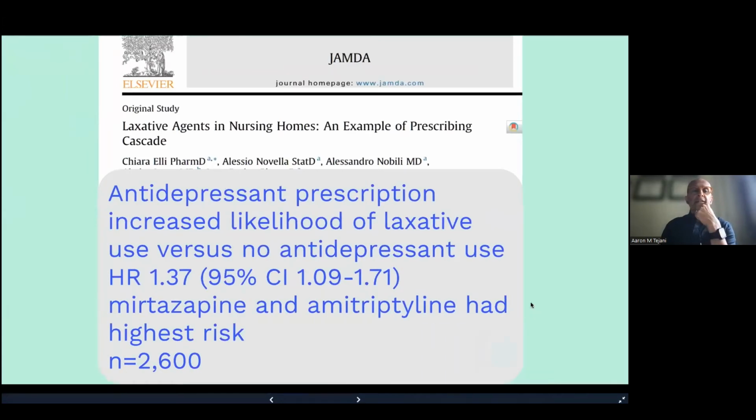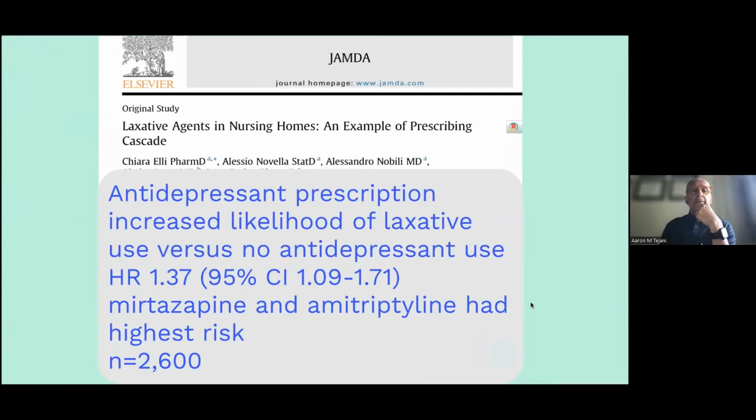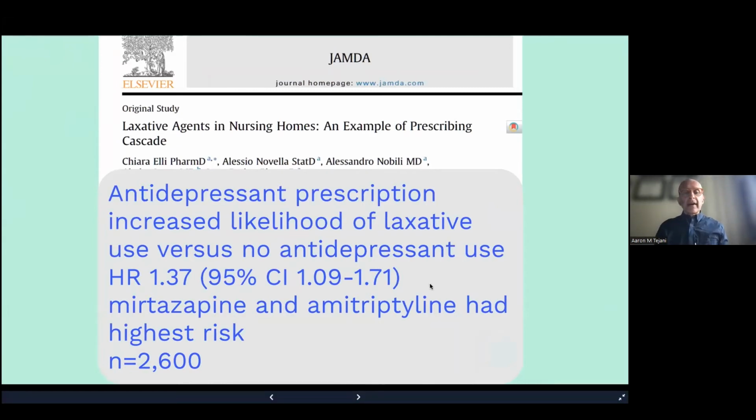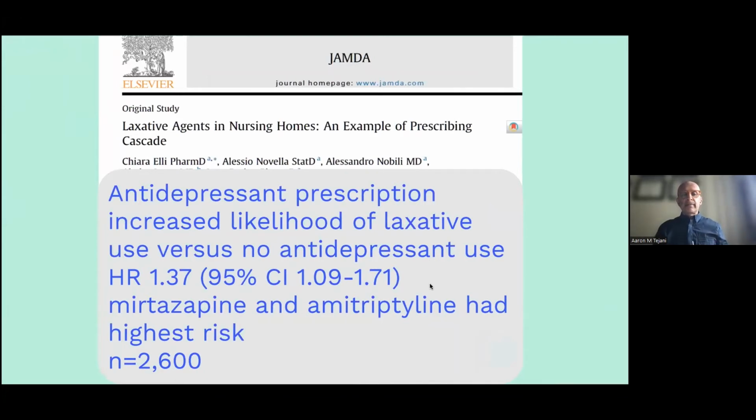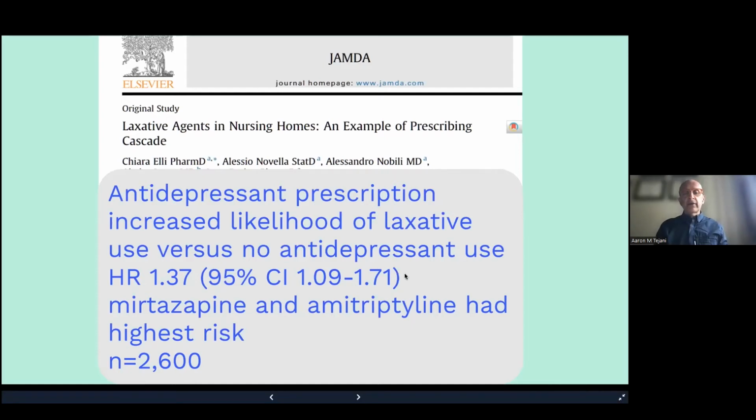This evaluation looked at laxative agents in nursing homes, an example of a prescribing cascade, and it found that antidepressant prescriptions increase the likelihood of laxative use versus no antidepressant use. Again, in these studies, they tried to assess for confounding or other reasons to suggest these results and try to control for those. What they identified was that in the people taking antidepressants, the two antidepressants that stood out were mirtazapine and amitriptyline. They had the highest risk, and their sample size in this evaluation was 2,600 patients.